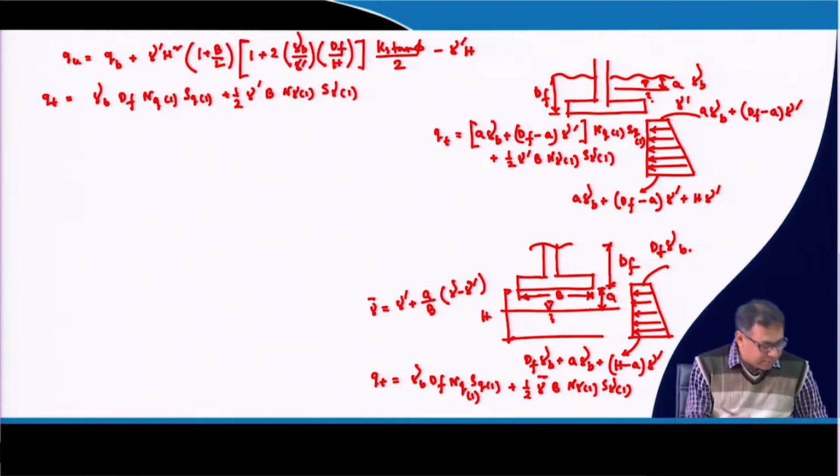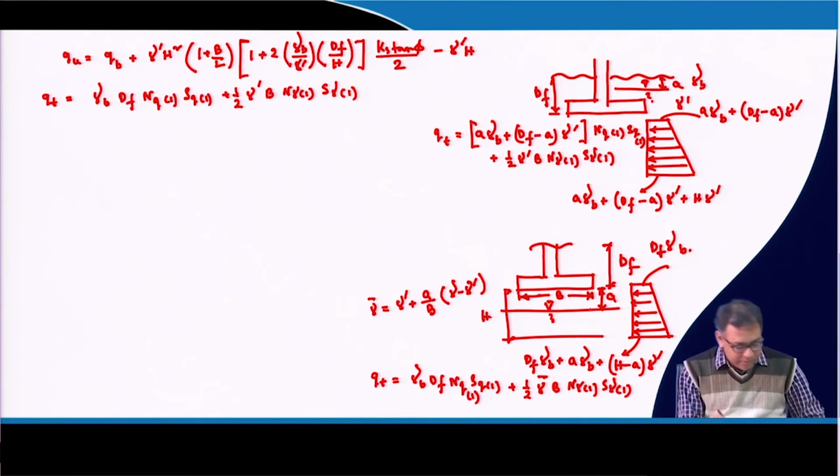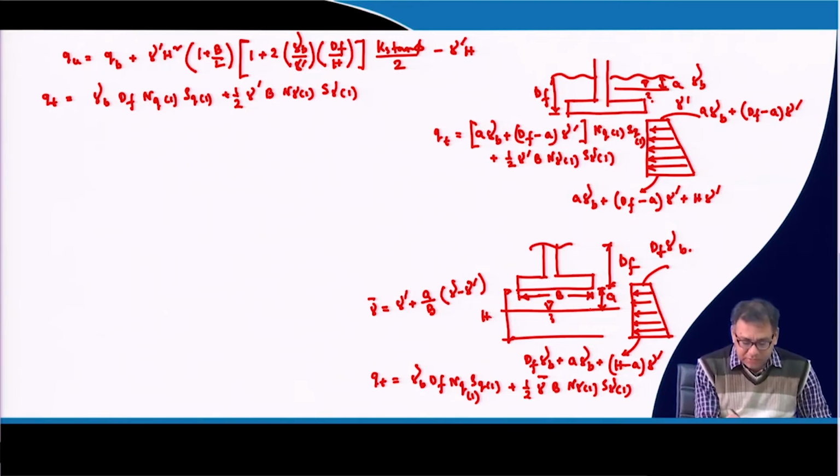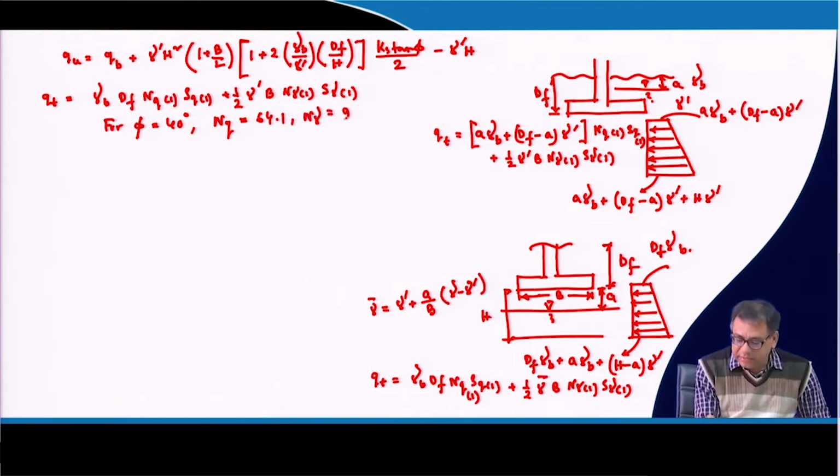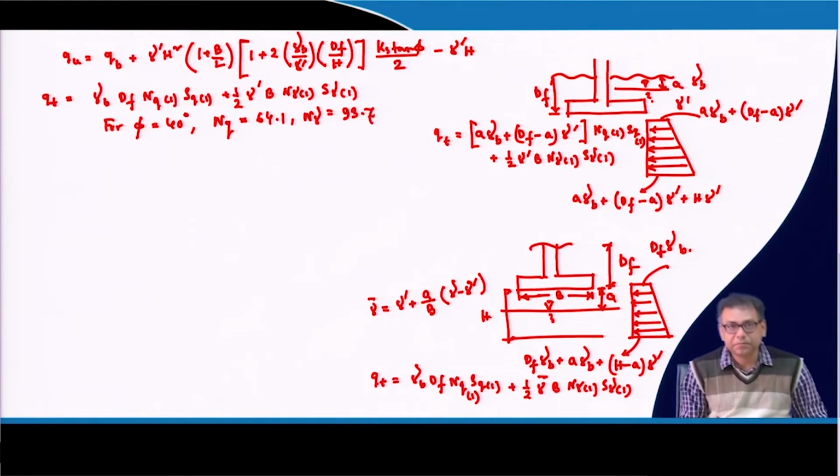Finally, for our case, if I calculate q_t, I have to calculate the shape factor also. First we take phi equal to 40 degrees. In such a case, for Meyerhof's bearing capacity, Nq is 64.1 and N gamma is 93.7.